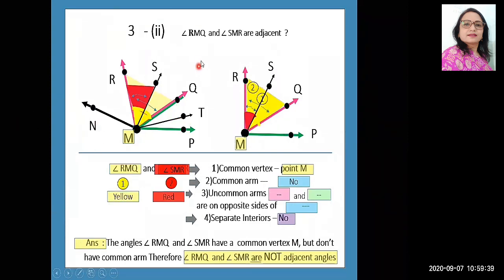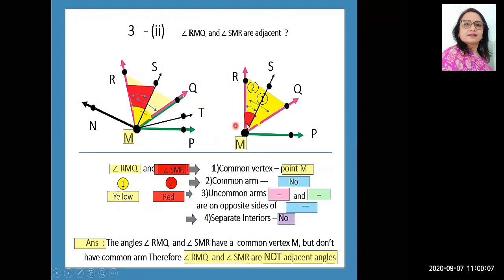Second pair is angle RMQ and angle SMR. Are they adjacent? Here angle RMQ is the yellow colored angle. See this rough figure. And angle SMR is the second angle in red color.